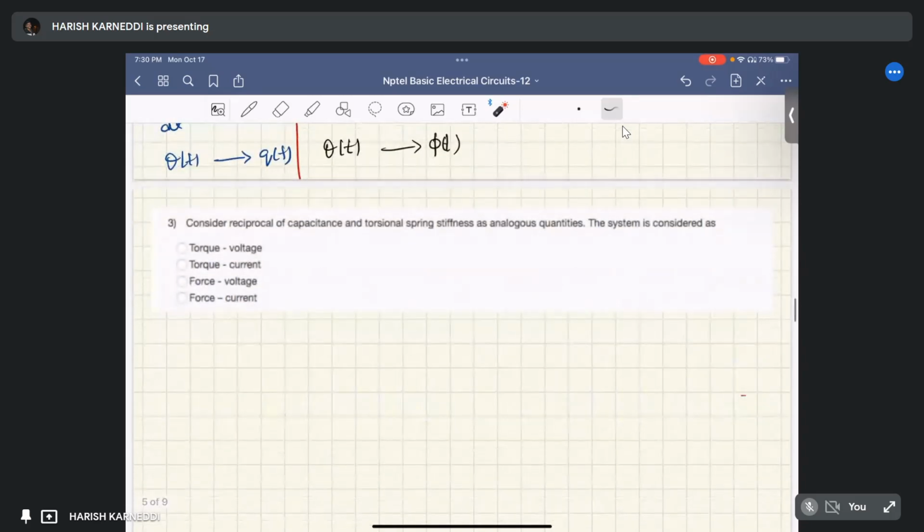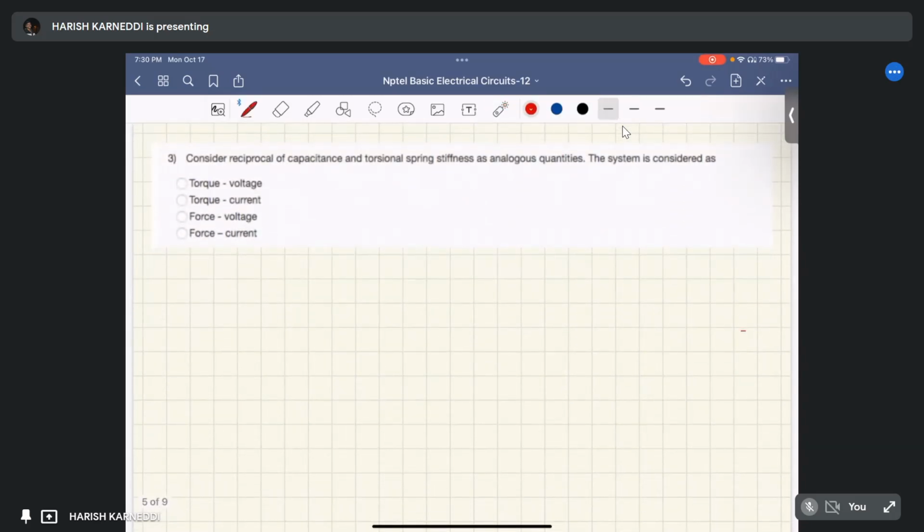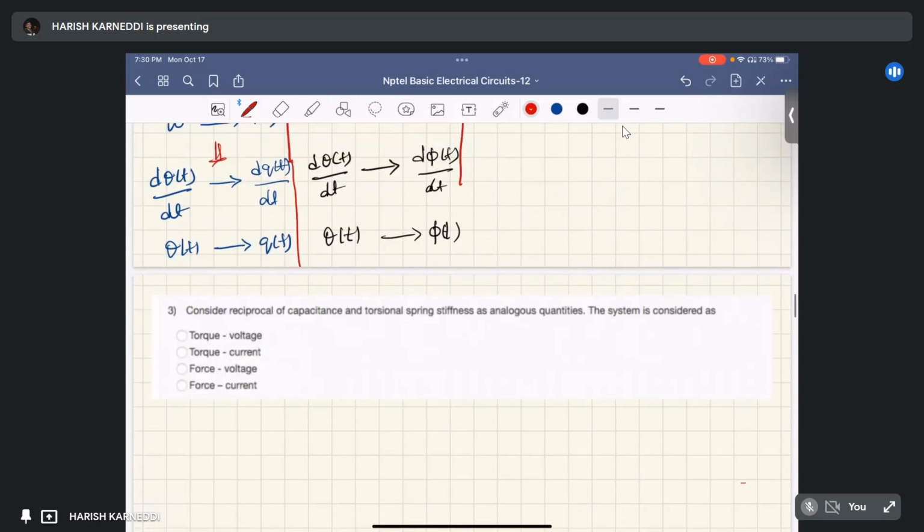Coming to the next question: consider the reciprocal of the capacitance and torsional spring stiffness as analogous quantities. The system is considered as what? The reciprocal of the capacitance means 1 by C, and the spring coefficient K are analogous quantities.